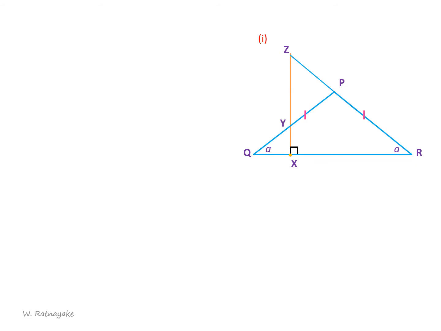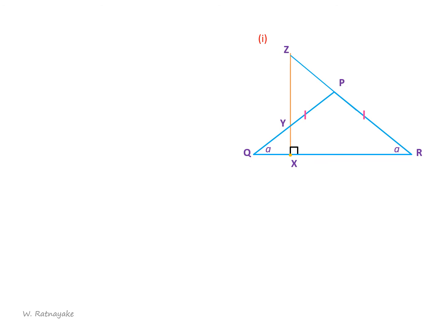Only then does the sum of the three angles give 180. So the angle X is 90, the other two must add up to 90. Therefore, to find the remaining angle other than this A, we have to subtract A from 90. So the other acute angle must be 90 minus A. So angle Z must be 90 minus A.